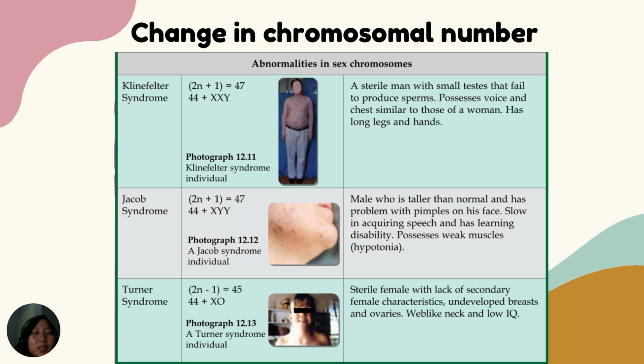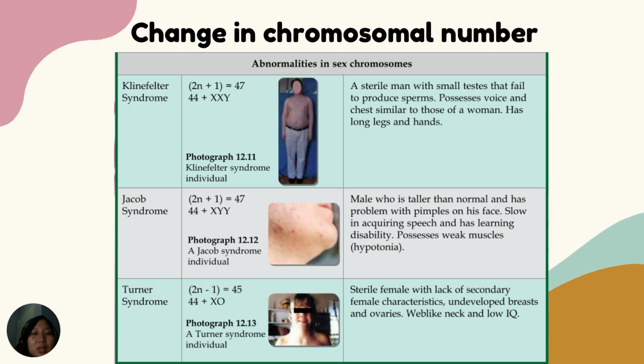So for Jacob syndrome, the individual has XYY. Klinefelter is XXY, but Jacob is XYY. So what are the characteristics of a person with Jacob syndrome?